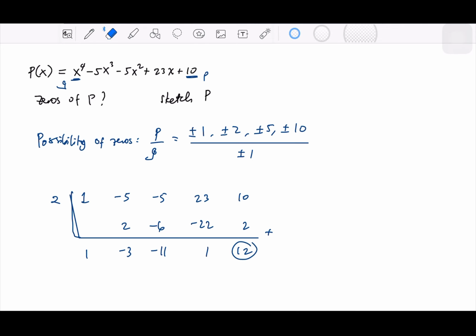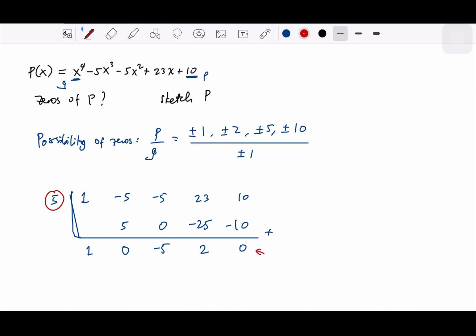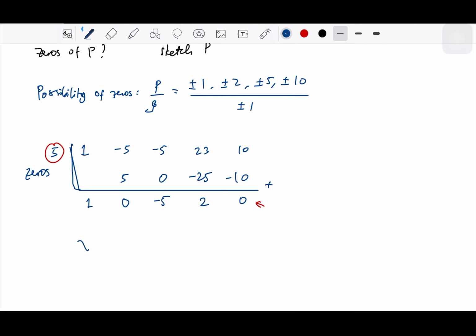Okay, we still have a remainder. Well, let's say 5. So it's zeros. So 5 is zeros. So we could take this x cubed, negative 5x plus 2, and x minus 5. This is the equation.